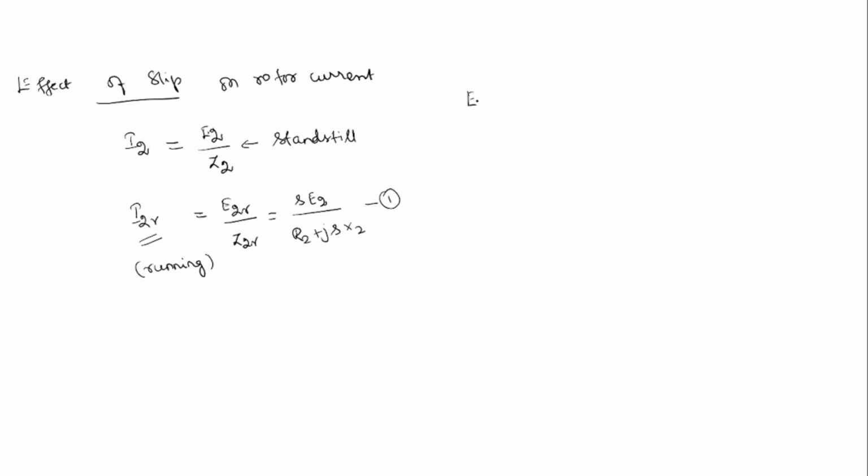Next we'll see the effect of slip on the power factor. Suppose cos phi 2 is the power factor of the rotor under standstill condition. Power factor is given by R2 divided by Z2, so R2 divided by the square root of R2 square plus X2 square.